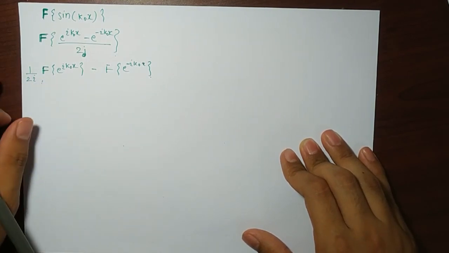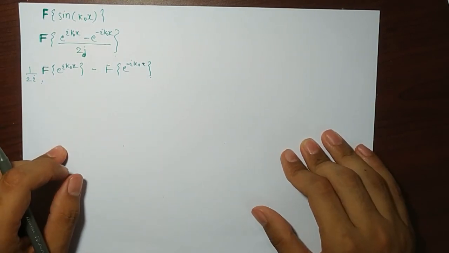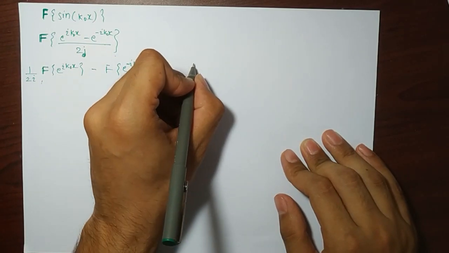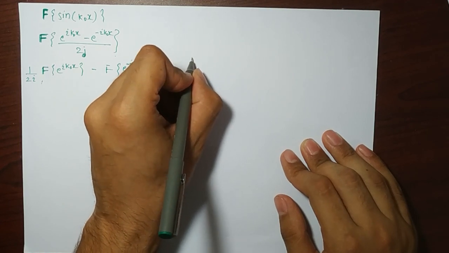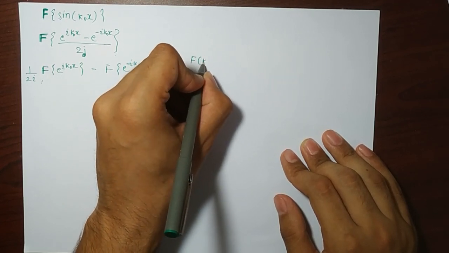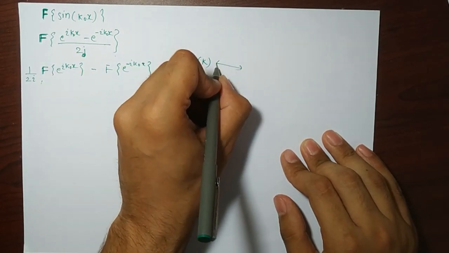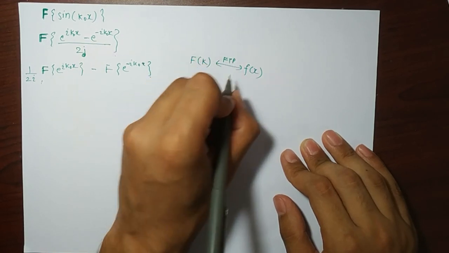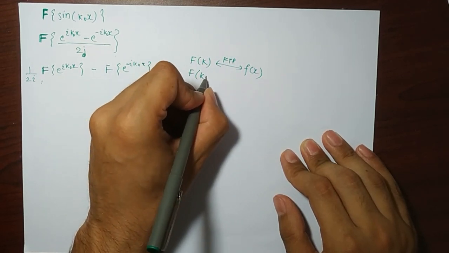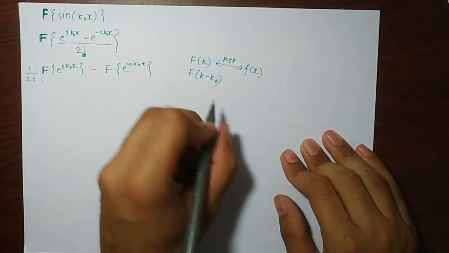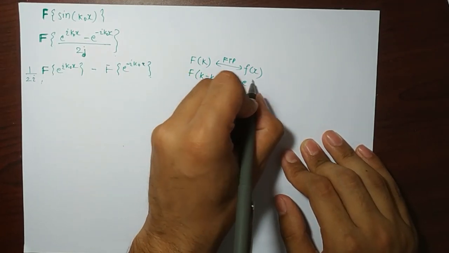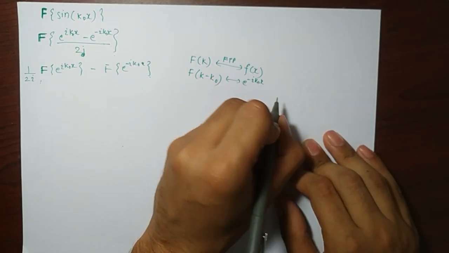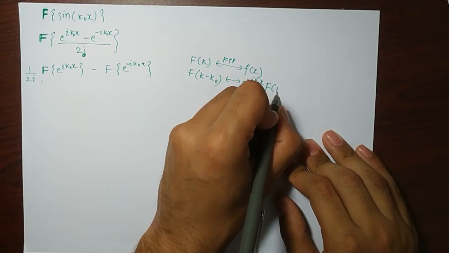Now recall the property that if f of x and F of k were a Fourier transform pair, and I displaced it by some value k naught, then it just had a factor e to the power minus i k naught x on F of k.